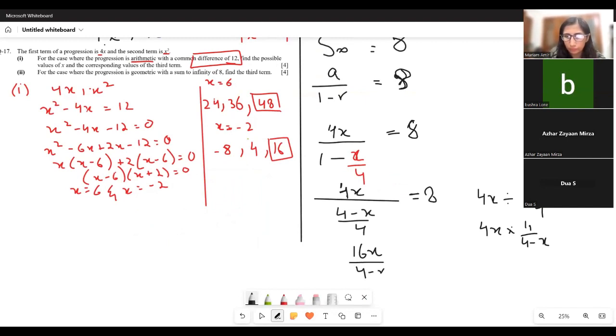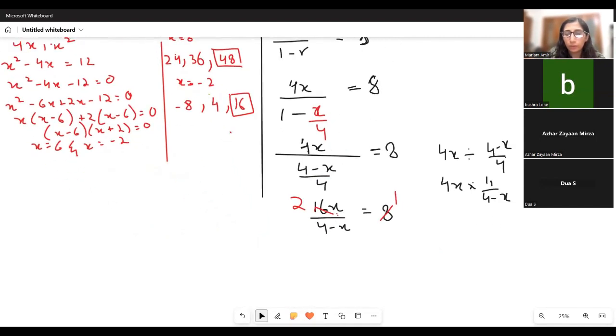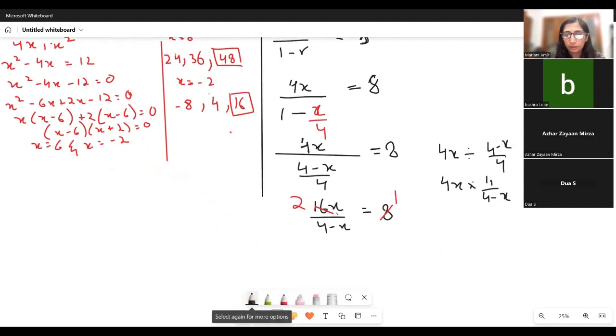I'm going to cancel the 8 and 16 just to simplify things. So I get 2x equals 4 minus x. So I'm getting 3x equals 4. So I'm getting x equals 4/3.